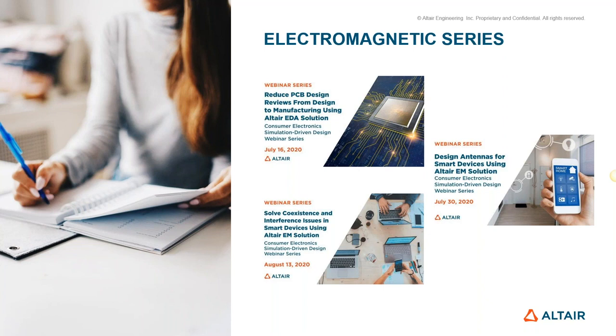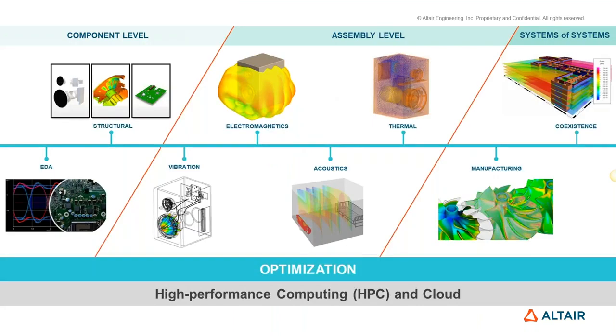Both series will cover examples and models of various types. We will demonstrate the different solutions using various electronic devices, such as smart speakers, hand controller, Bluetooth mouse, and others. We will cover the various needs in product development cycles, from concept to reality, with the analysis of components, sub-assemblies, systems, and systems of systems.